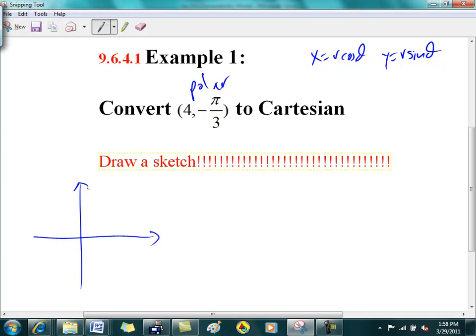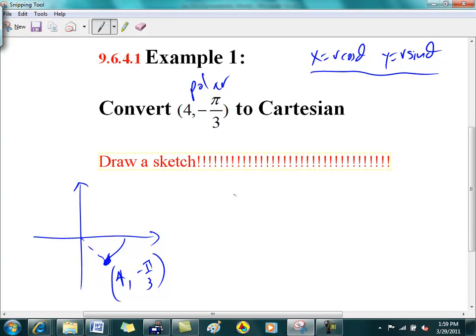Clockwise or counterclockwise? Clockwise. Negative is clockwise, so I'm going to come out here like that, and here is my point, 4 negative pi over 3. So it's telling me it's in the second quadrant. That's the reason why I'm drawing this graph, to see what quadrant it is in. Fourth quadrant, my bad. Okay, and I'm going to use these equations here.